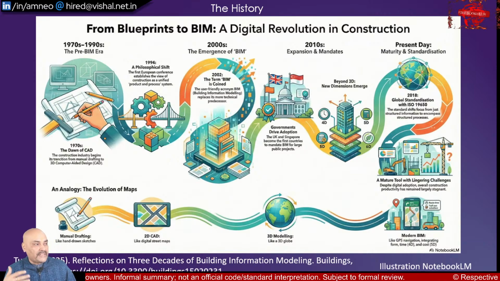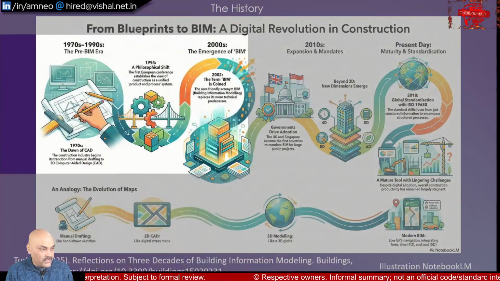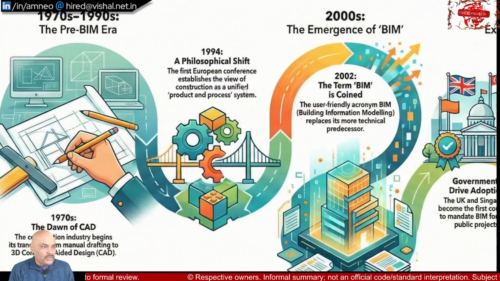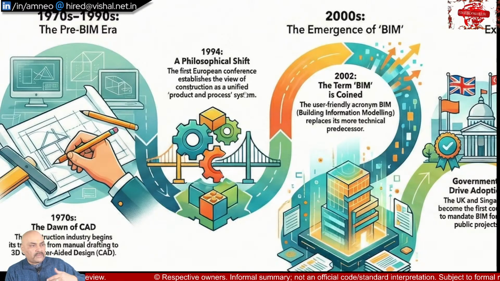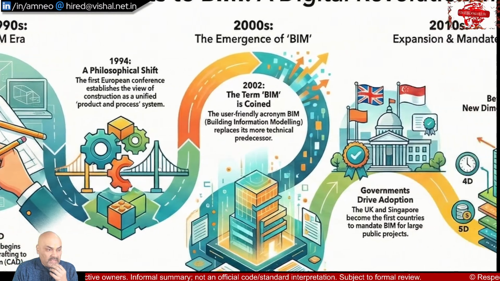Like I told you, 1970 to 1990 is called the pre-BIM era, where we were doing most of the drawing by hand or by CAD. Let me just zoom in for you so it's easy to read. Then we moved on to what was called a philosophical shift in 1994, where they wanted buildings to be seen as a process.